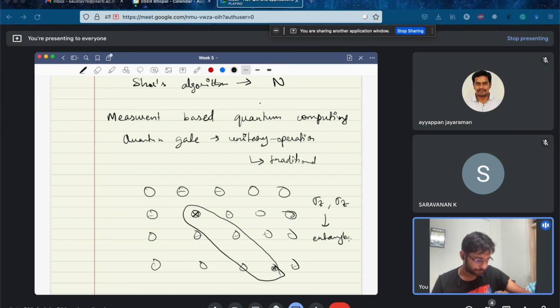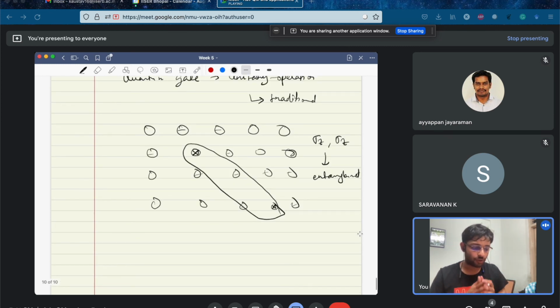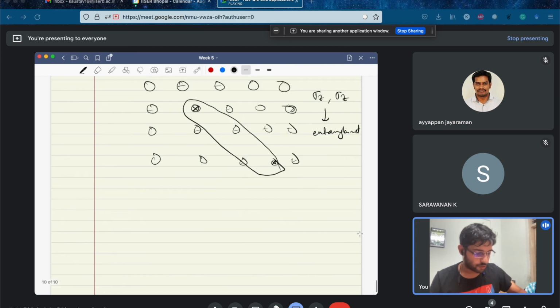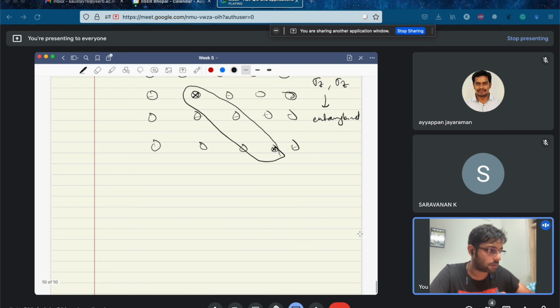In measurement based quantum computing you are not involving any unitary operations, and you're already doing the measurement, so there is already a collapse. You don't really fear losing much information here. So these are some of the recent advancements that are going on.